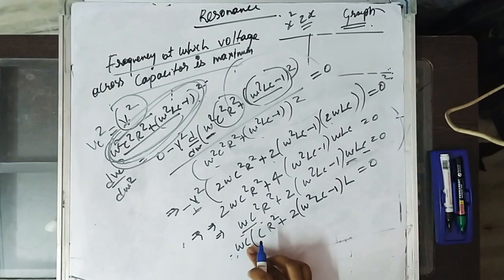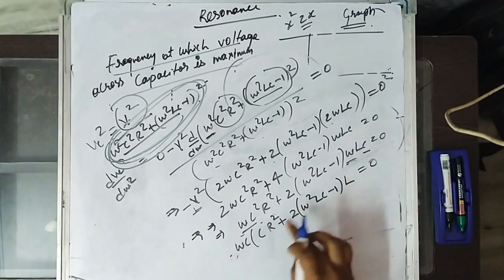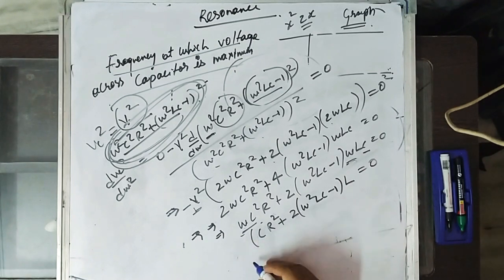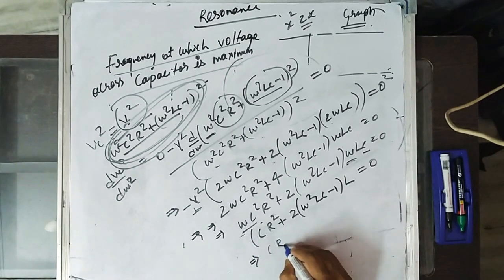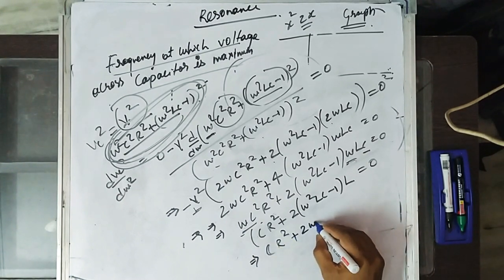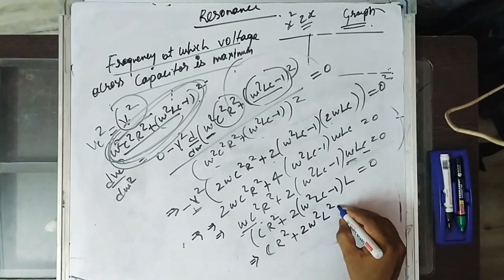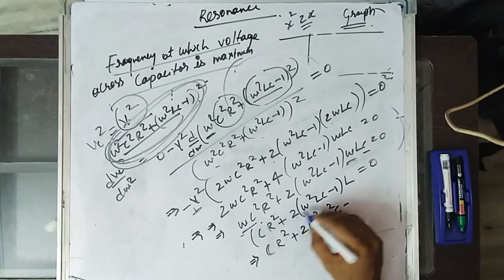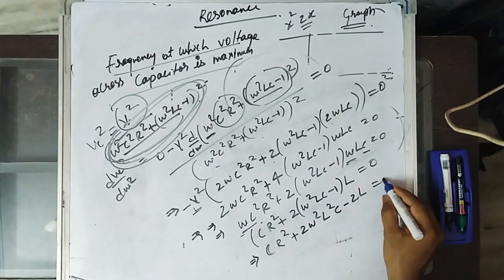Omega is taken outside, will reduce that. Now this will become CR square plus 2 omega square L square C minus 2L equal to 0.